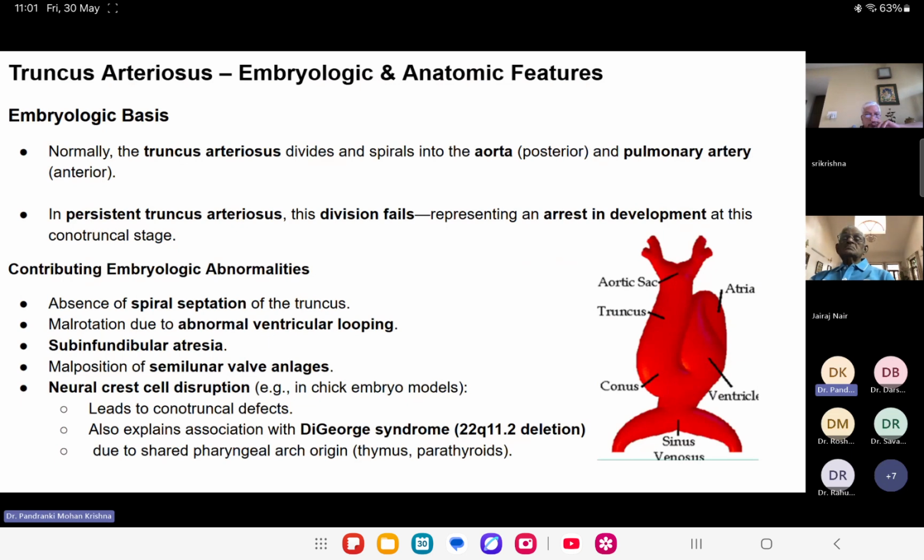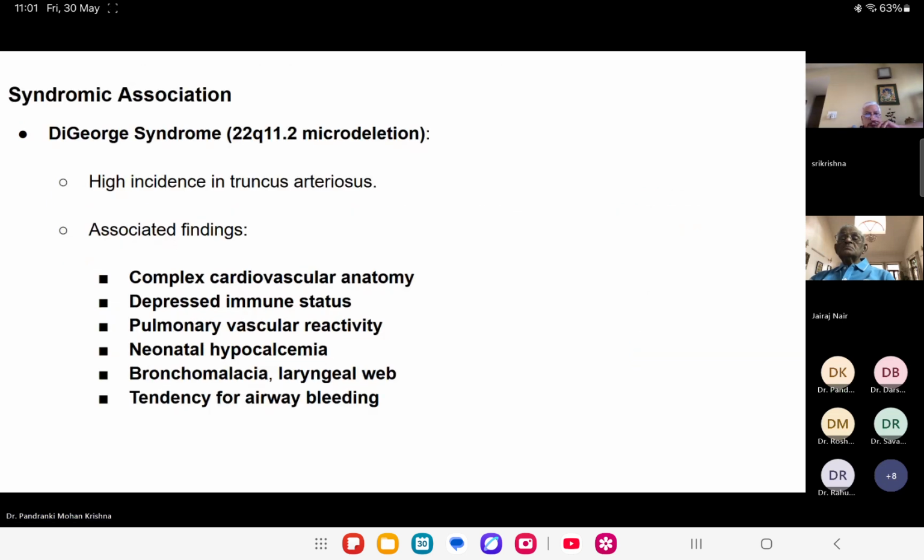So contributing embryologic abnormalities are absence of spiral septation of the truncus, abnormal rotation and ventricular routing, subinfundibular atresia, malposition of the semilunar valve, and neural crest cell disruption, which they have seen in chick embryo models and leads to conotruncal defects. This also explains the association with DiGeorge syndrome, that is 22q11.2 deletion, due to the shared pharyngeal arch origins of the thymus and parathyroids.